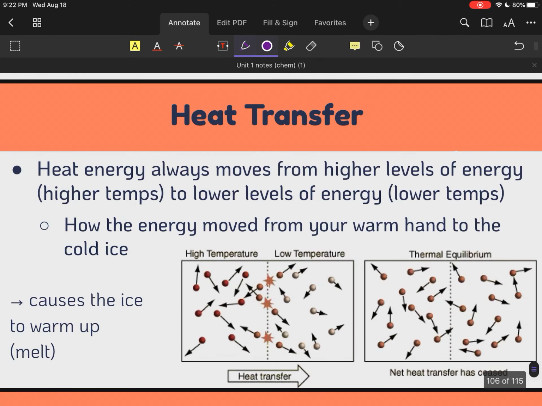So when we talk about heat transfer, something feels cold because that heat energy from your body is actually moving away from you. It's kind of getting pulled out of your fingers. Heat energy always moves from higher levels of energy to lower levels of energy, okay, or higher temps to lower temps.